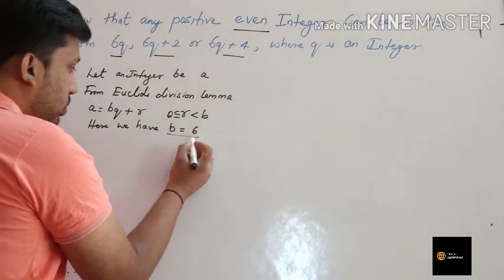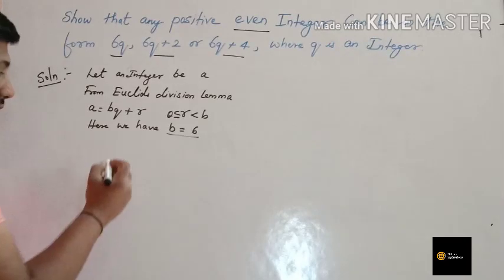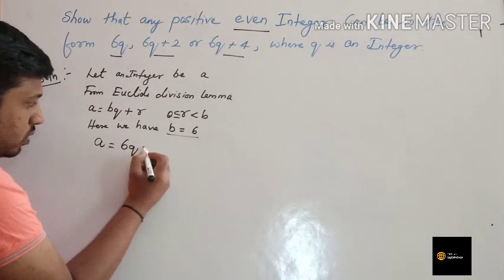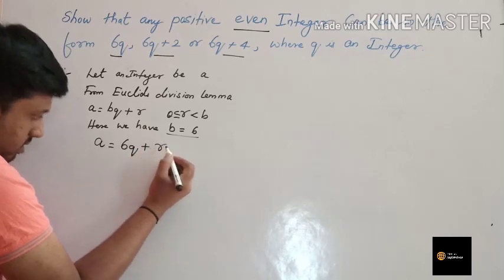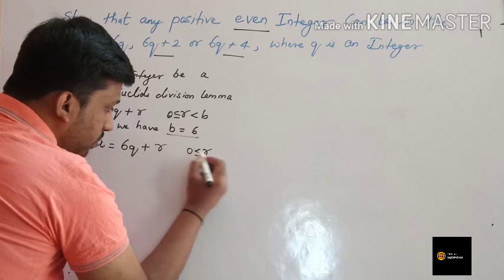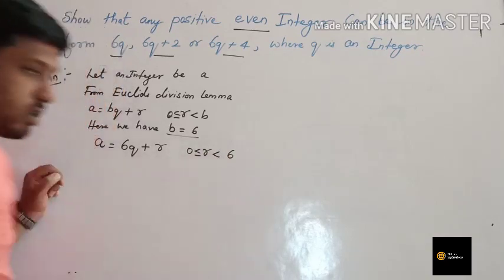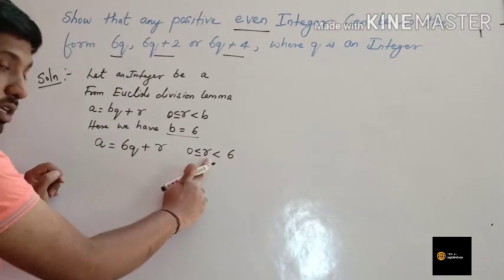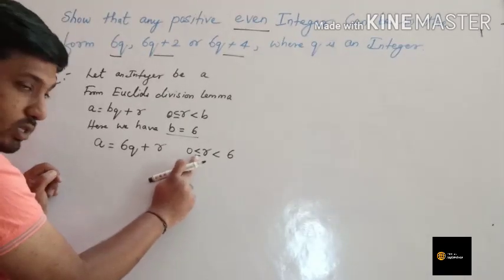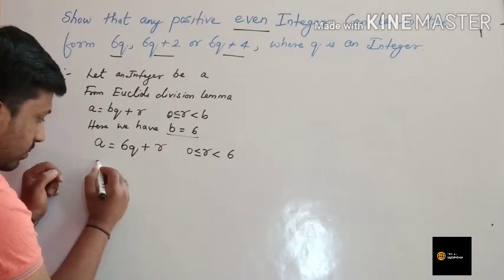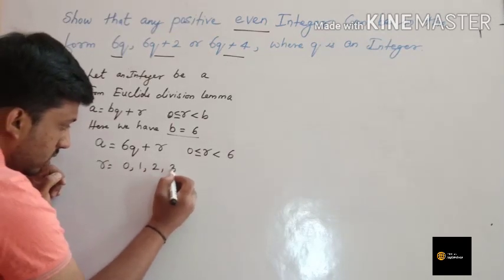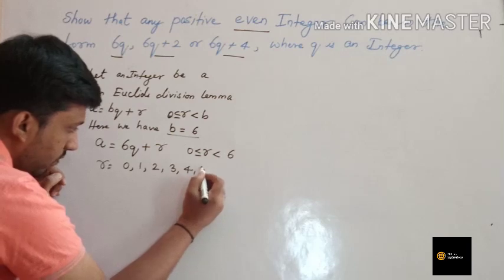Now substituting this b in the Euclid's division lemma, it becomes a is equal to 6q plus r, where again r is between 0 and b. Here b is 6. So now the remainder is between 0 and 6. Also we have the equal sign here. So the remainder becomes 0, 1, 2, 3, 4, 5.